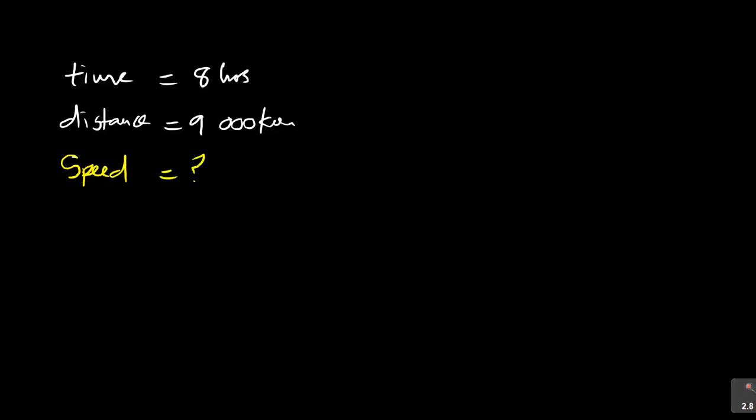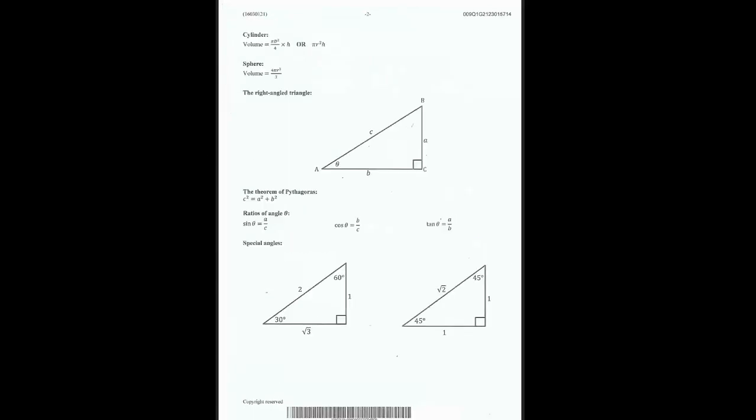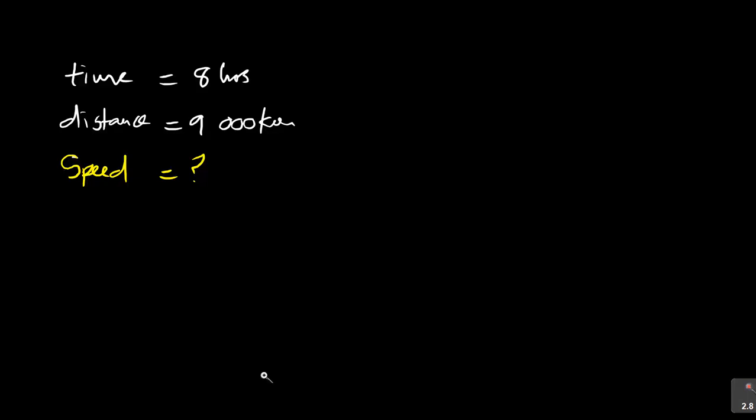Now, if I check the formulas quickly to see if ever there is anything on speed here, I don't have anything on speed, but anyway, it's a formula that you need. Okay, we've done this question I think before, so we erase that. It's something that you can recall.